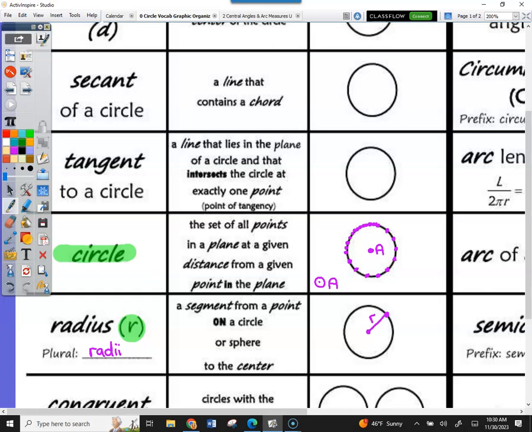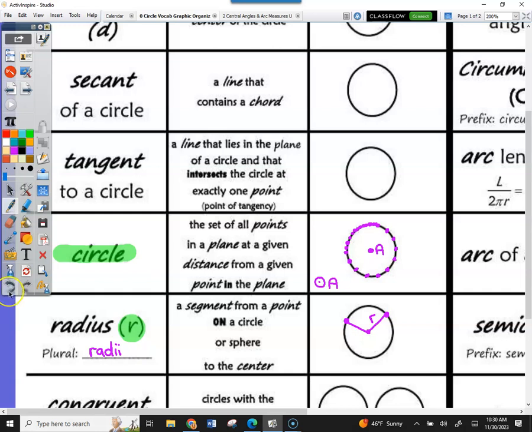And what's really cool about circles is when you have one given circle and you have multiple radii, they all measure the same length. So if this is a radius here, and then I have another one over here, it would also be a radius. They're all around the circle and they measure the same length. So it connects from the center to the edge.